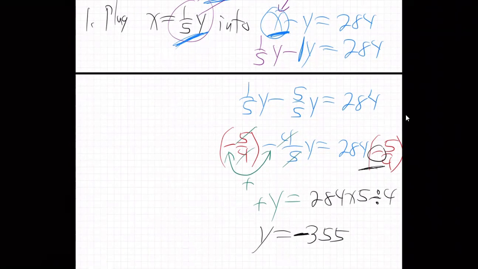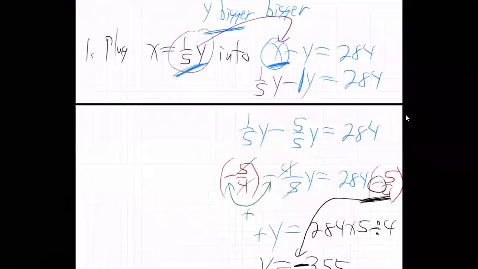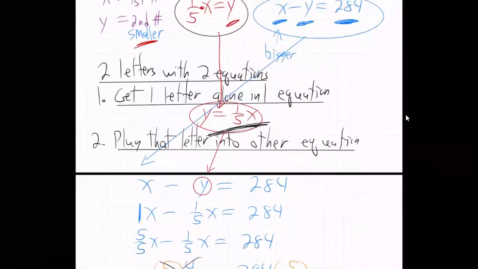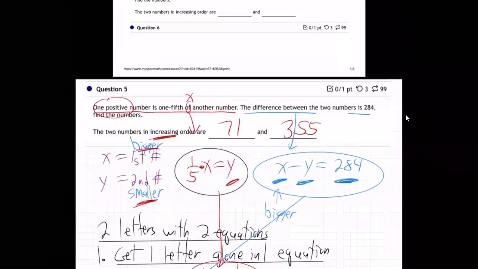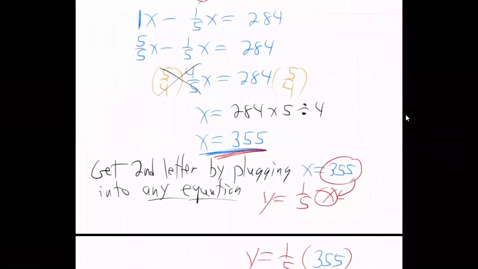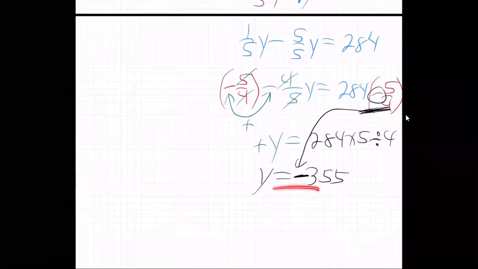Because of this negative sign right here. Negative 355. And that's not right because up here in the beginning, they clearly stated one positive number. So I'm getting y negative 355. Do you see why that happened?